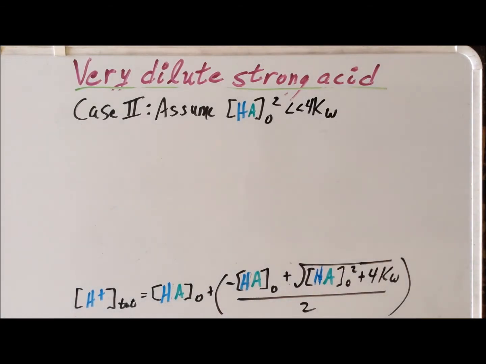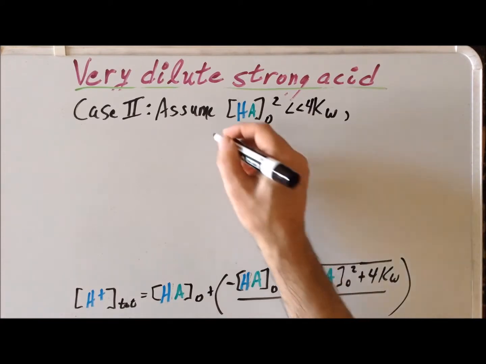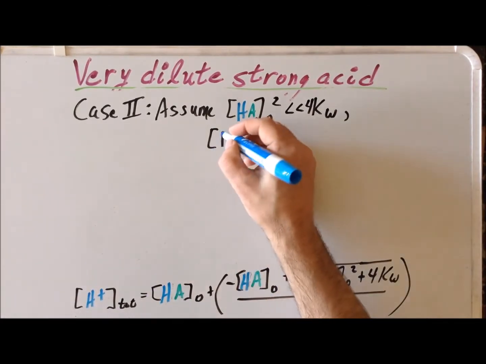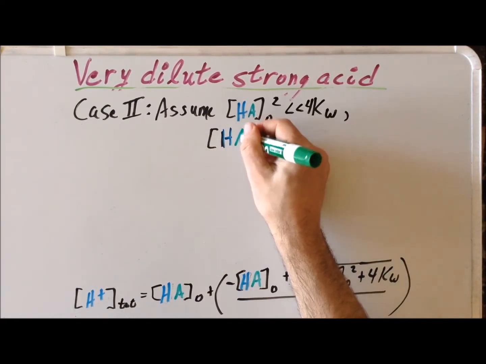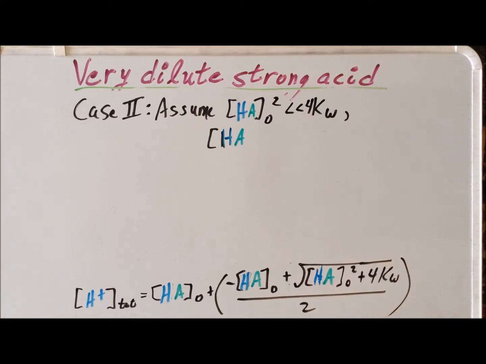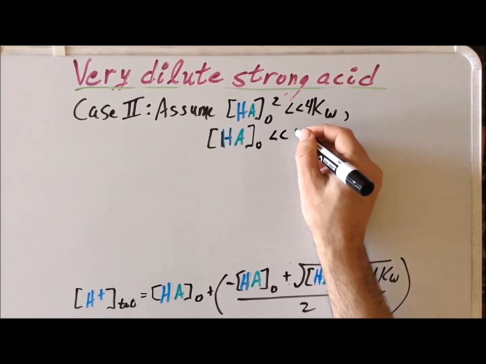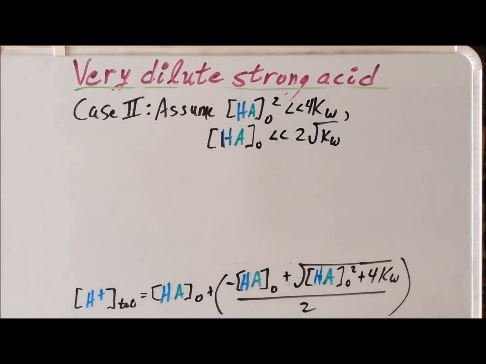And notice, important to put this down here now, that this is an equivalent assumption to the notion that the concentration of HA is much less than 2 times the square root of K sub W. So these are equivalent assumptions, and we will use both versions in what is to follow.